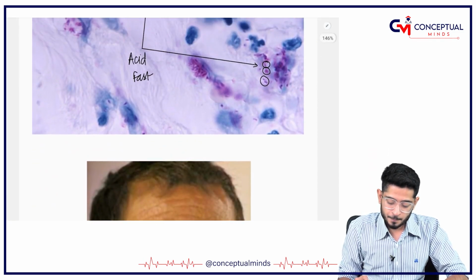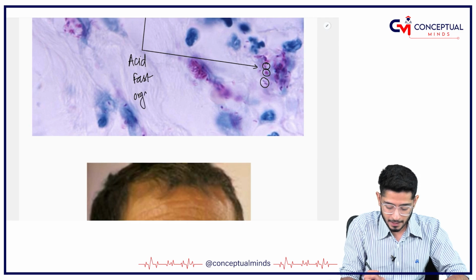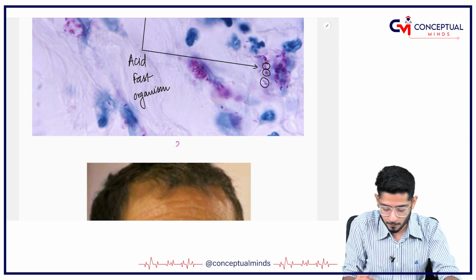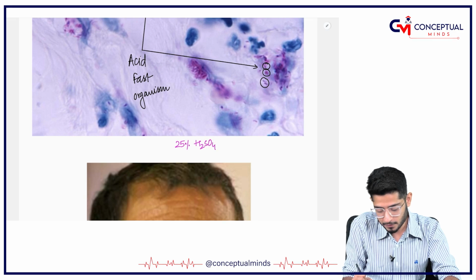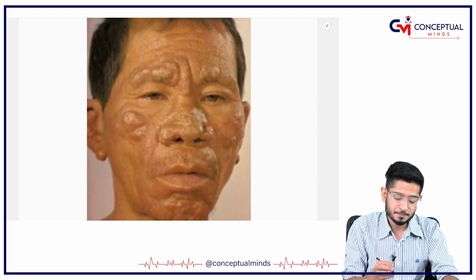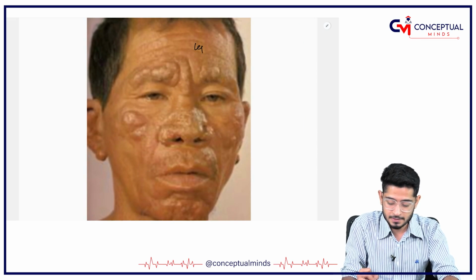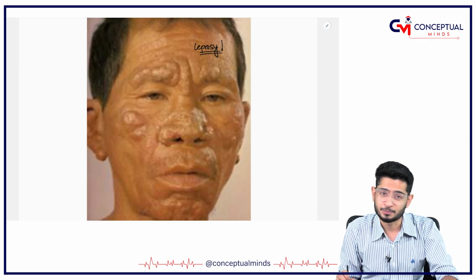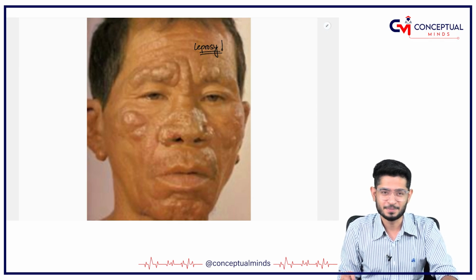This is an acid fast organism, and if you remember from the stains video of our general microbiology, I told you it utilizes approximately 25% H2SO4. Now, what is this? This is a patient who is suffering from leprosy, and today you and me are on a mission to heal this patient.